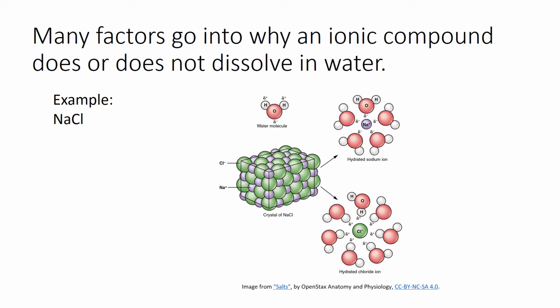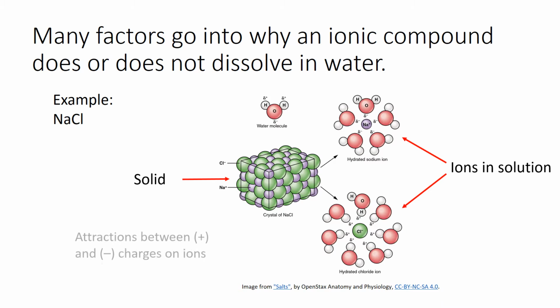Let's go ahead and just look at some pictures, get an idea what's going on in solution. You drop a chunk of salt in water. On the particulate level, what you have is a solid, the ions being attracted to each other, plus minus. You've got the ions in solution interacting with the water molecules.